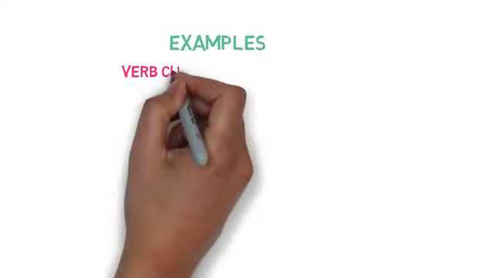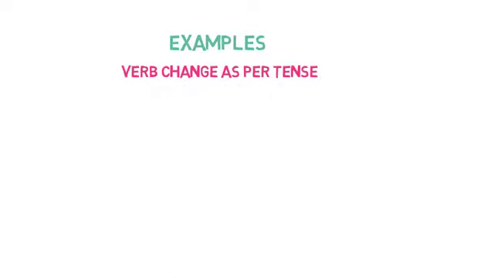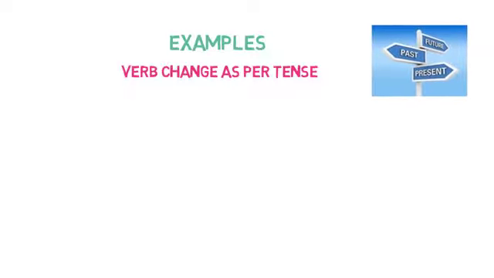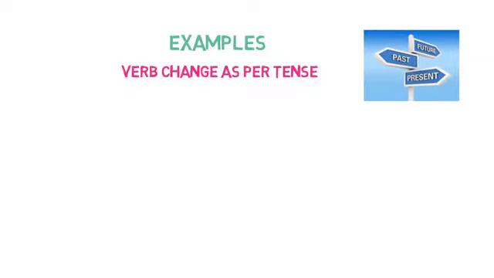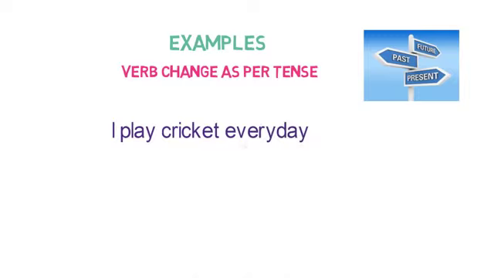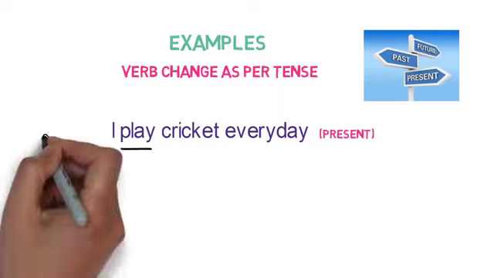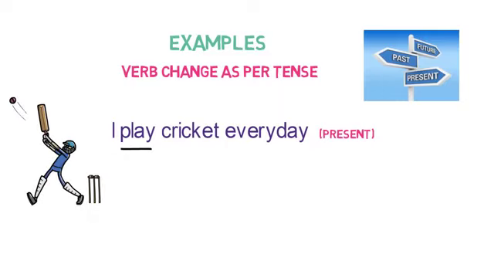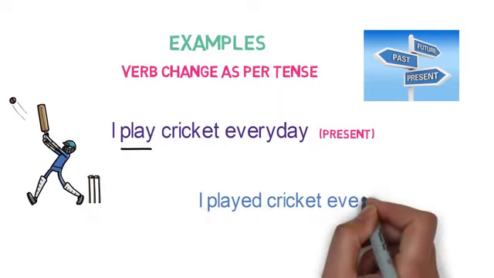Examples of verbs that change as per tense. That is, whether the sentence is in present tense, past tense or future tense. I play cricket every day. This sentence is in present tense. Here the verb is play. Let's look into another sentence. I played cricket yesterday.